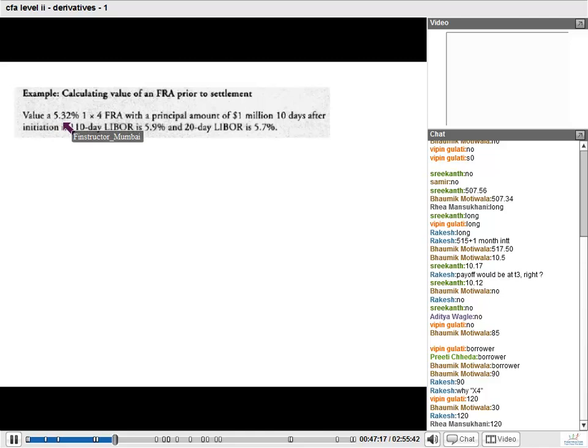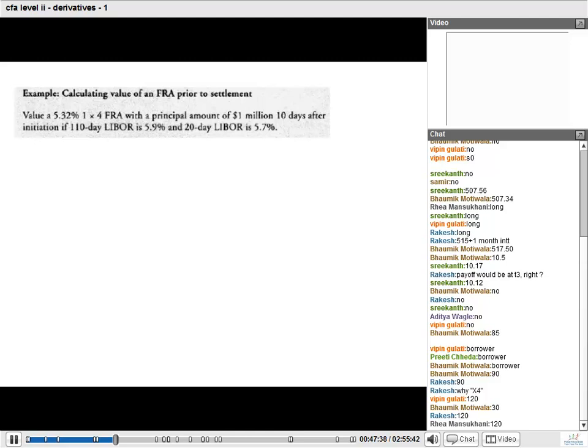Value of a 5.32% 1:4 FRA with a principal amount of $1 million 10 days after the initiation, if the 10-day LIBOR is 5.9% and the 20-day LIBOR is 5.7%. So let's understand this.